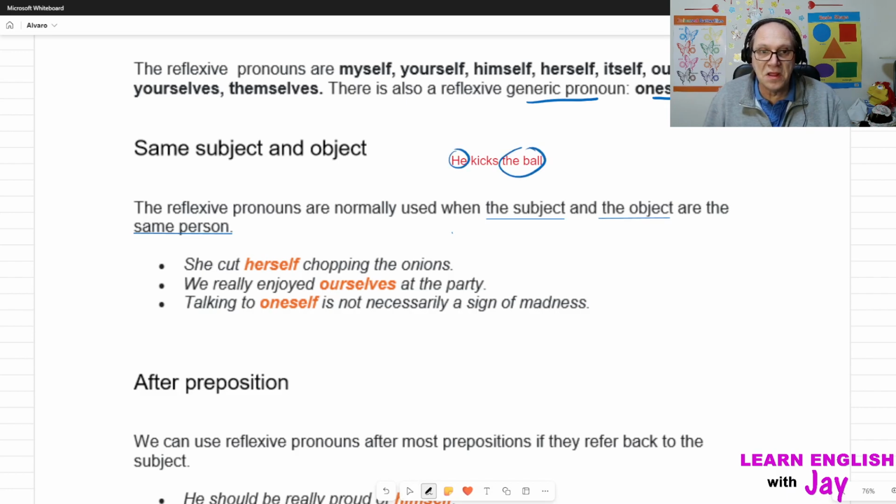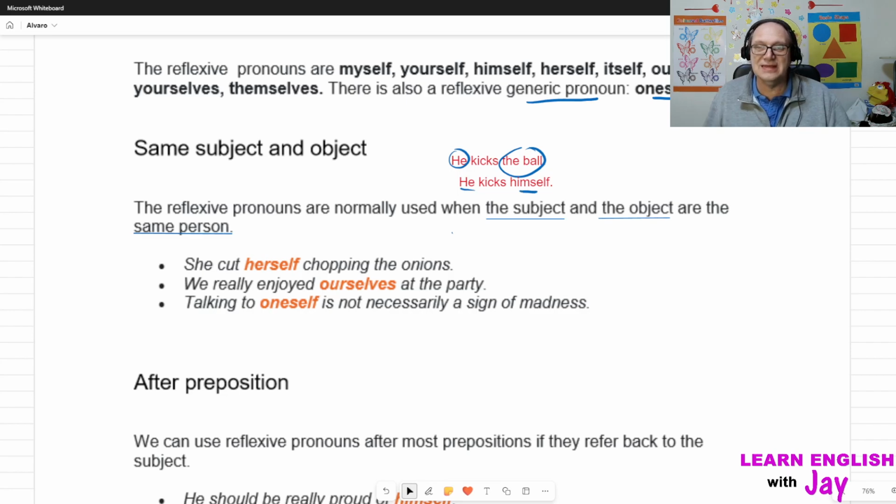All right. So we can then say, for example, let's do another one here with a reflexive pronoun. We're going to say he kicks himself. Okay, that's silly. It's a silly way to say it.